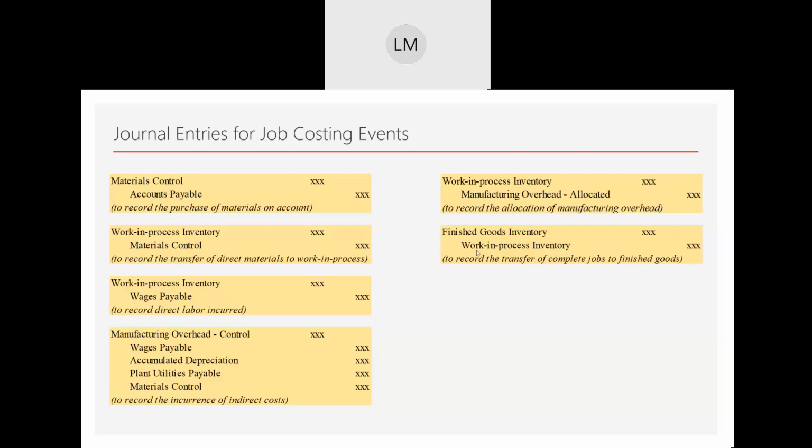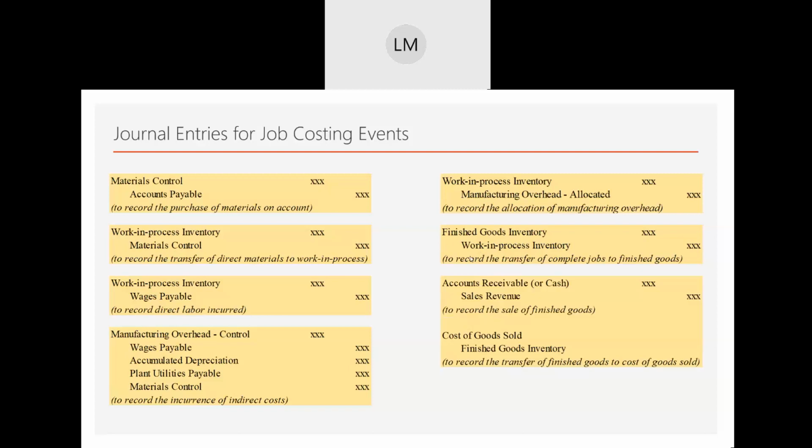Once we start those units, we transfer them from materials to work in process. Once those units are completed, we transfer from the work in process inventory account to the finished goods inventory account. So we're really just transferring those costs from one asset account to another until those jobs are sold.